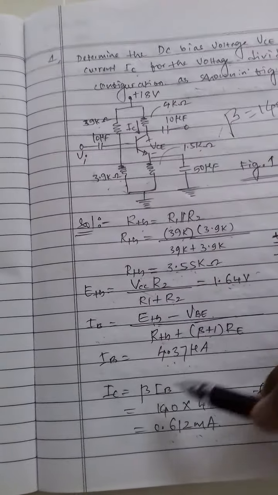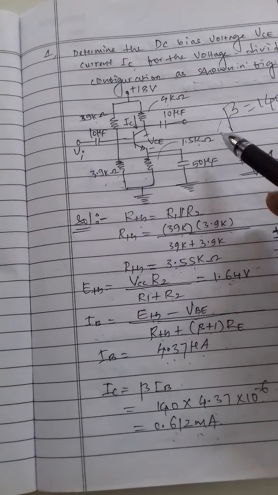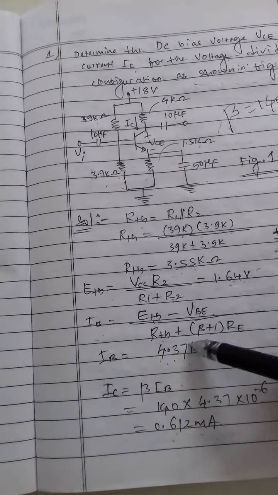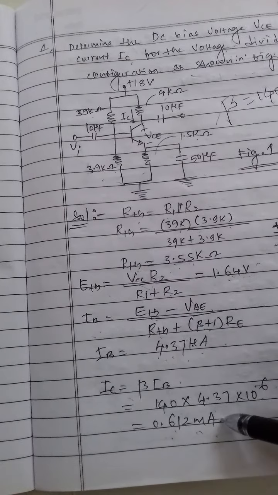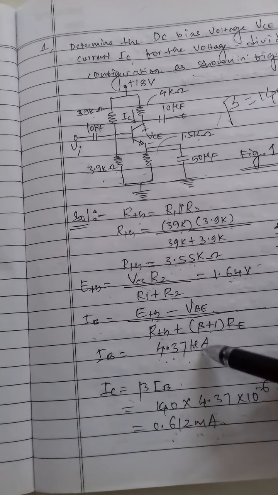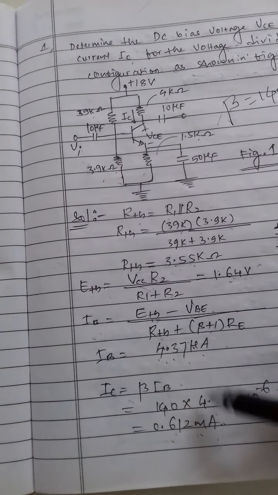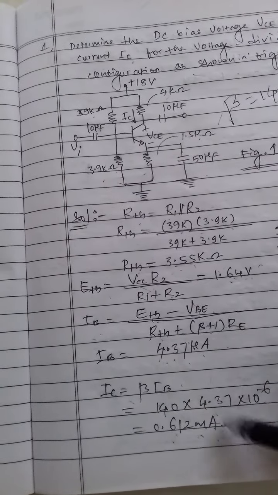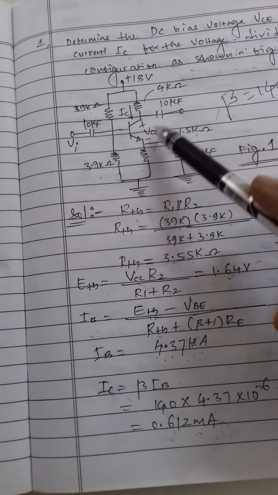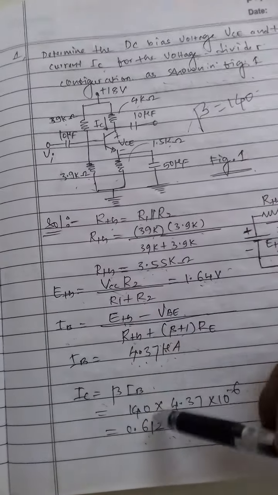One thing to be noted here is that IB is in microamperes, but IC is in milliamperes. So there is a large difference between the input current and the output current for the transistor in the common emitter configuration.